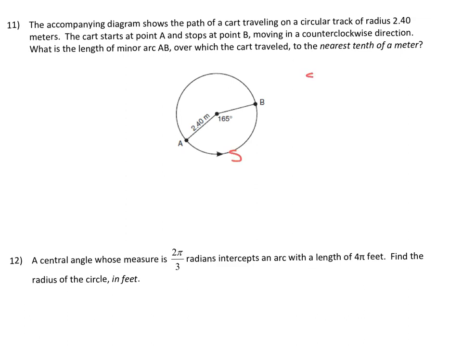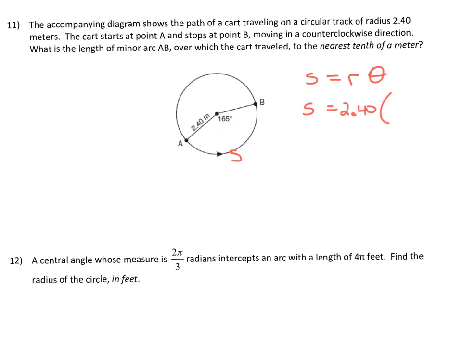So if we do S equals R theta, well, we're looking for the S. We know the radius is 2.4, or if you want to write 2.40 like they did, you can. And here's the deal. The angle this time is in degrees. So to convert from degrees to radians, do you remember we multiply by pi over 180?